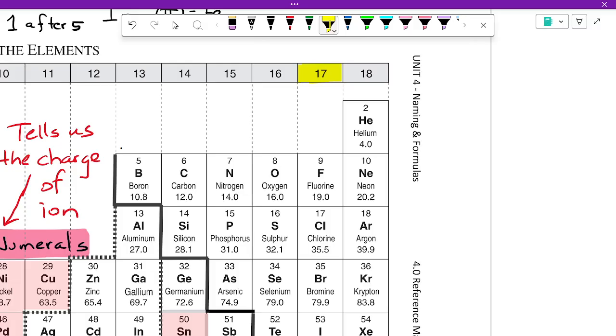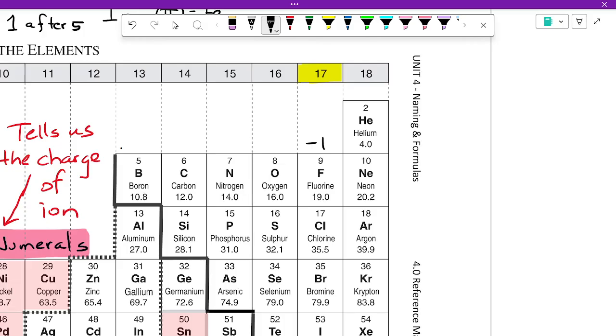So what would its charge be? -1. Because we have 7 electrons in the valence shell, that's a neutral atom. We add 1 more electron, which is negative. Yes? So we have -1. Cool.